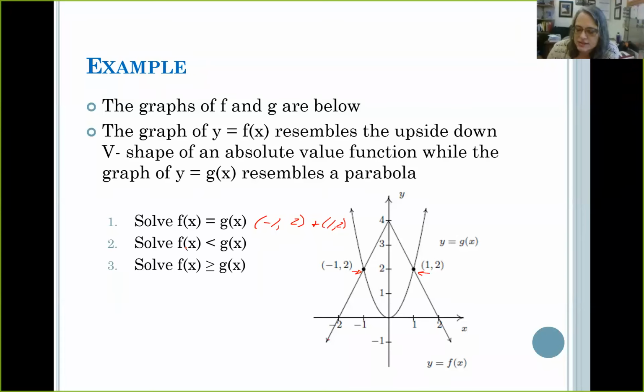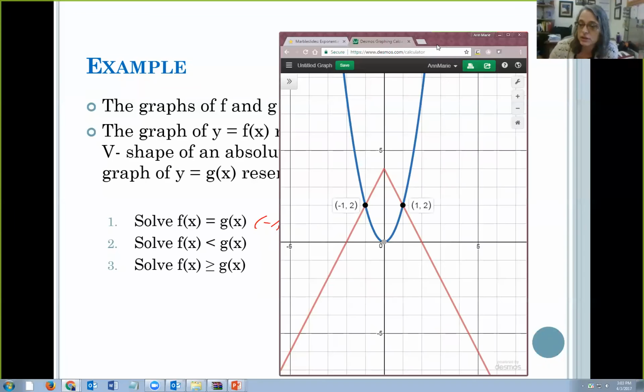Now, if f of x is less than g of x, what we're looking for is the region where the absolute value is below the parabola.